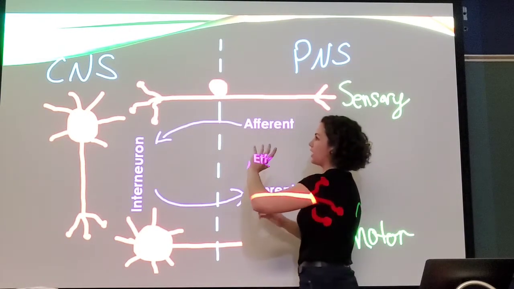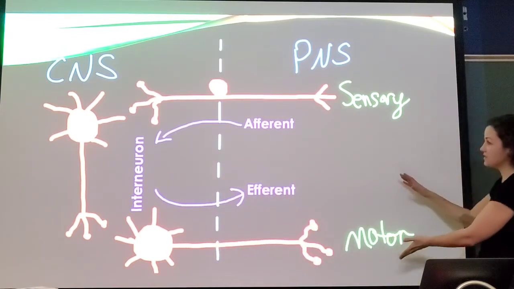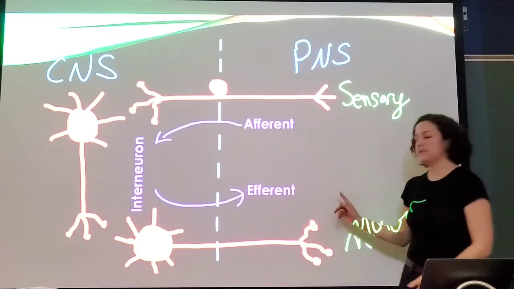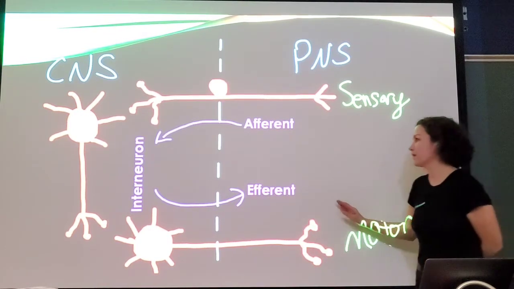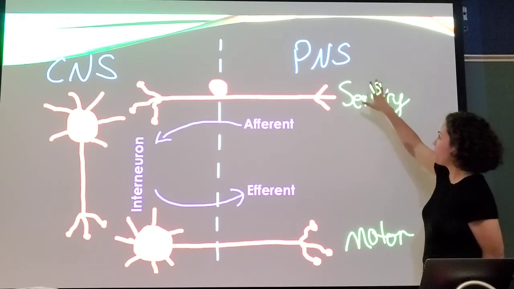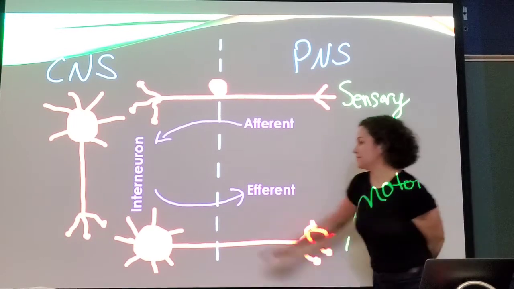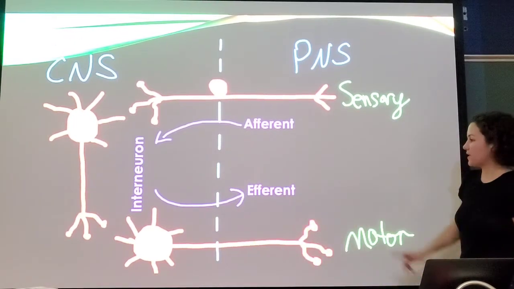The information moving from the CNS to the PNS, we describe as efferent, okay? So afferent was moving from the PNS to the CNS. Efferent is the CNS to the PNS, okay?